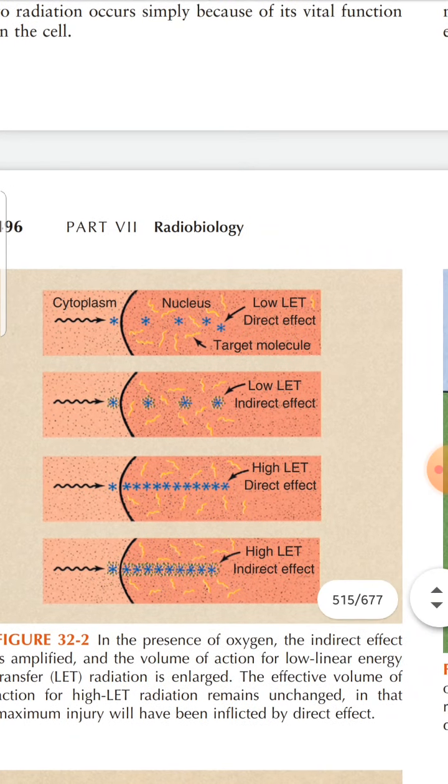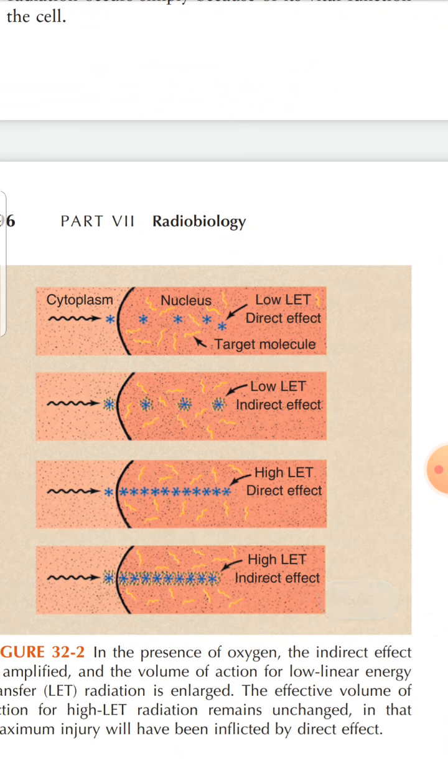This image is very important, and before going into detail, we will first talk about linear energy transfer. That is the rate at which the radiation is transferred to the soft tissue.